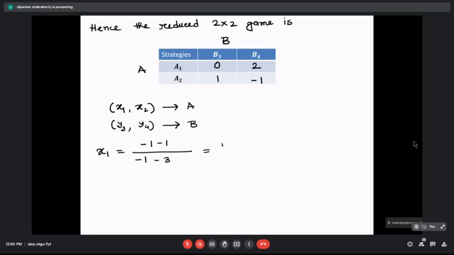That is half. x1 is half, so x2 will automatically be half, but you can cross check it also. If you want to find x2, again ignore that row. The principal diagonal element here is 0, so it is 0 minus 2, and the denominator will always remain the same for every x1, x2, y3, y4, as well as v, the value of the game. That is going to be half. So now y3, now it's your turn. Tell me, what is y3? What is y3?